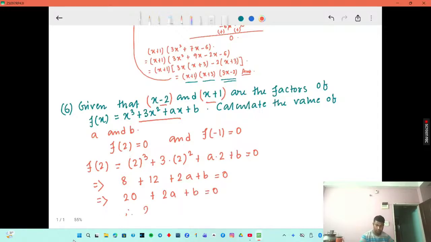Therefore 2a plus b is equal to minus 20. So we have got the first equation, which is 2a plus b is equal to minus 20.